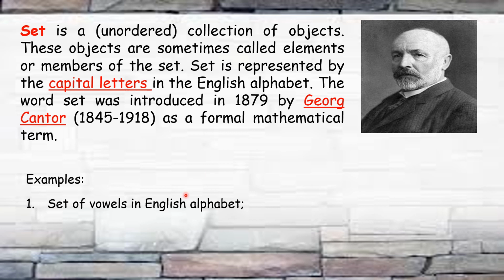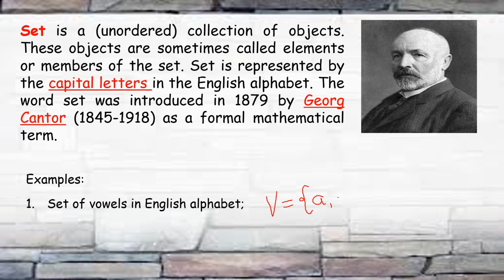The first example is we are asked to write the set of vowels in the English alphabet. I think we all know how many vowels in the English alphabet we have. So for example, we will represent the vowels as V. So V is equal to, what are the elements or the members of vowels?